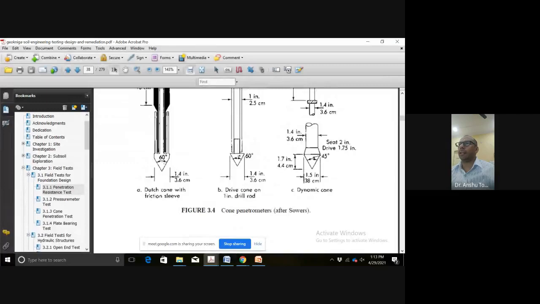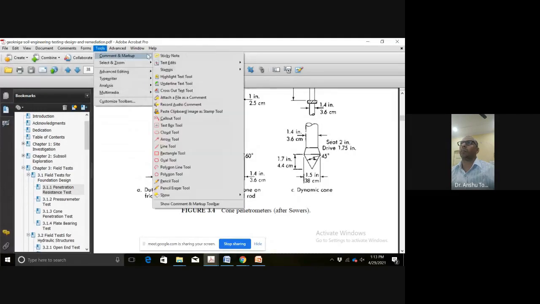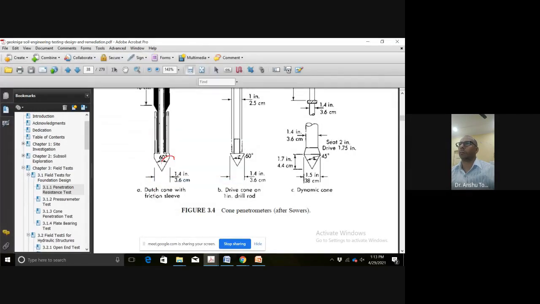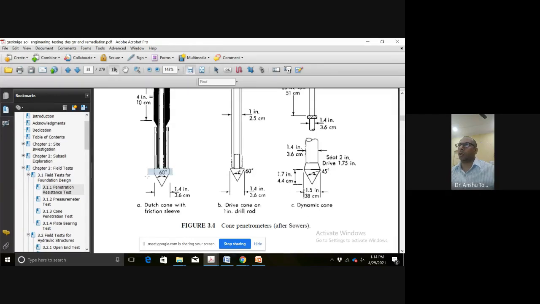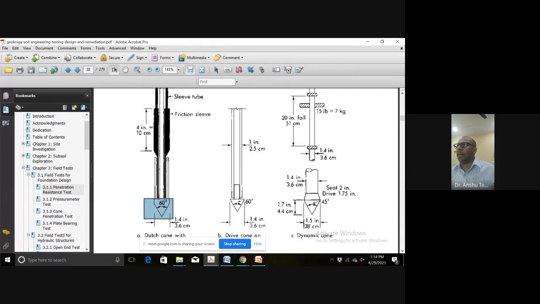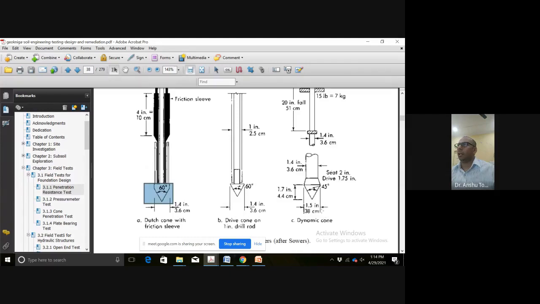So this angle is 60 degrees. This is a cone which is at the end of the shaft, and their diameters, and the C1B is a drive cone on a drill rod.